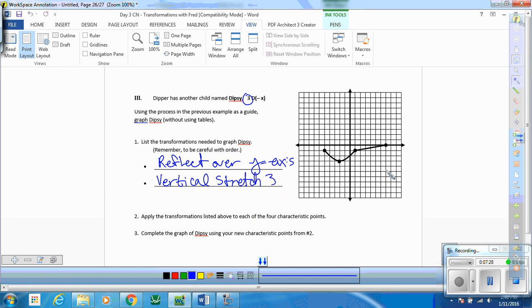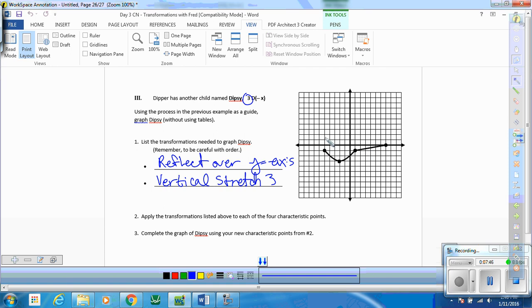Again, I need to know how far it is away from the y-axis. Or let's think about this one, because this is a vertical stretch. So I'm stretching it this way. That means I need to know how far away it is from the x-axis. But to reflect over the y-axis, that's going this way.